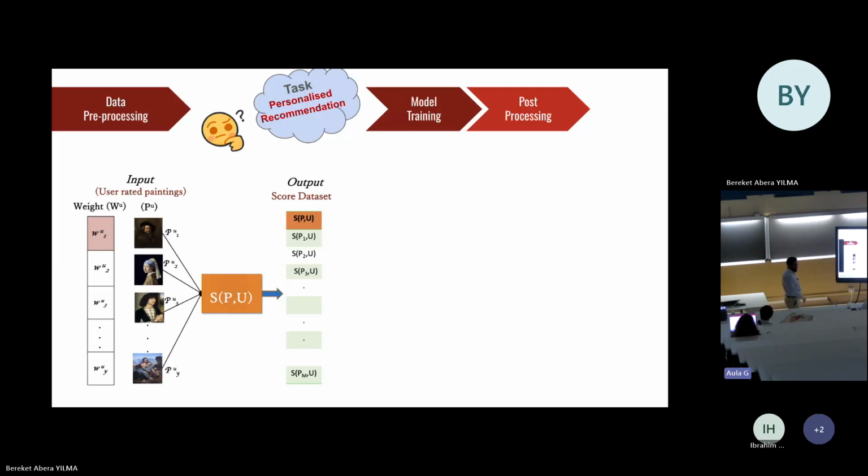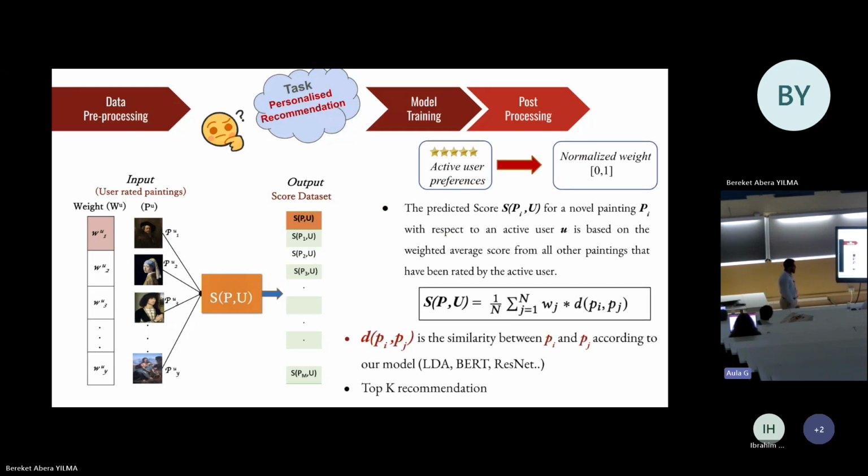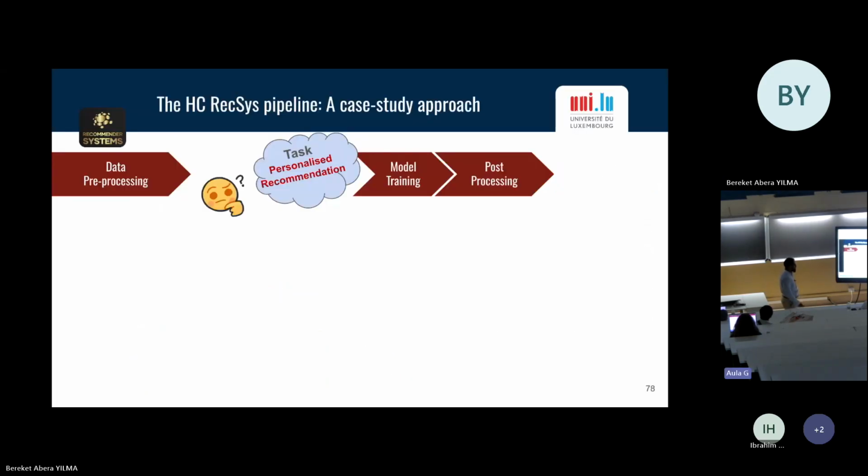So I tell you, I like these paintings, 3-star, 2-star, whatever kind of rating. And you want to expand this active user preference into the similarity matrix. This is very straightforward. You basically score the entire data set based on this. So these weights bias the similarity matrix so that you can re-rank. And you have this weighted average distance calculation based on which the model gives you, so you can generate recommendations, right?